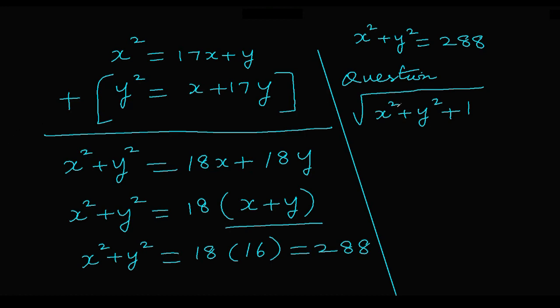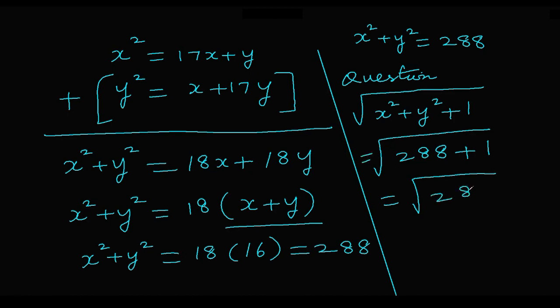But I already have x squared plus y squared equal to 288. So the value of x squared plus y squared is already 288. 288 plus 1 is equal to the square root of 289, and that is equal to 17. So this is the answer.